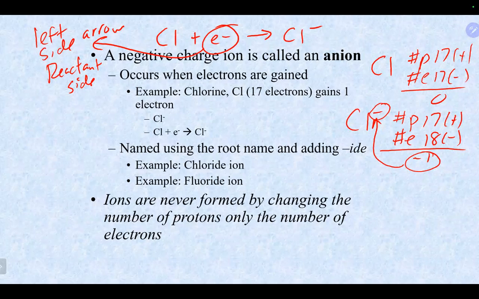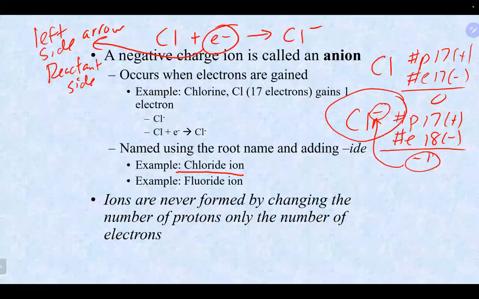Now, when we name things that are negatively charged, it is a little different than something with a positive charge. We drop the last part of the name, the E at the end. So Cl- goes from chlorine to chloride, with IDE at the end. F-, which is fluorine with the charge, is now fluoride.